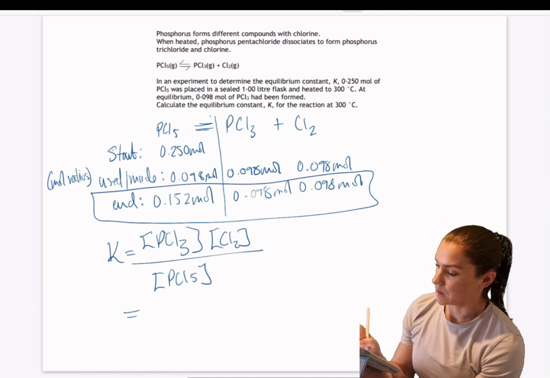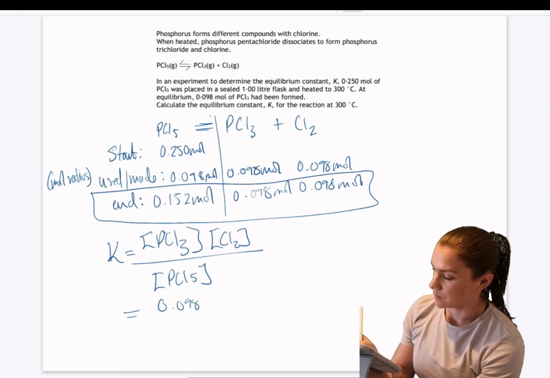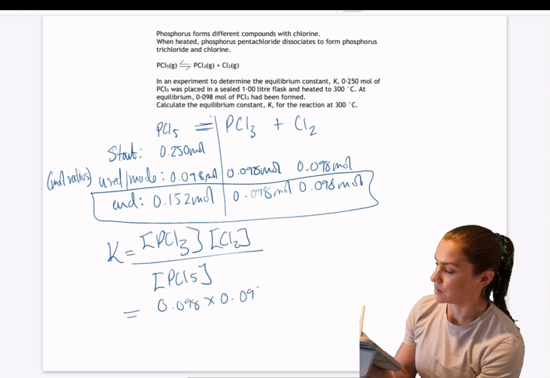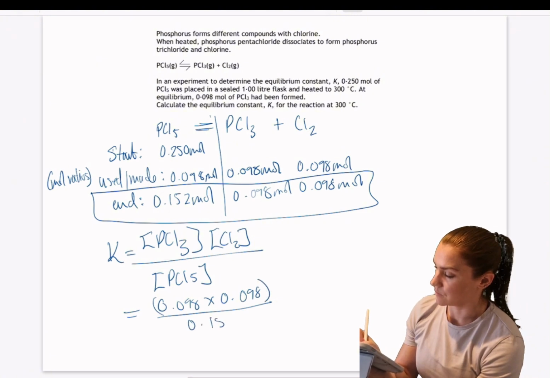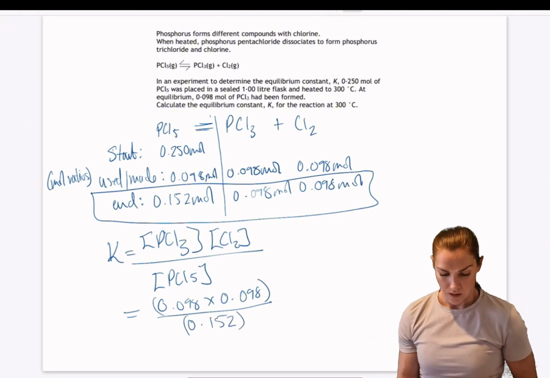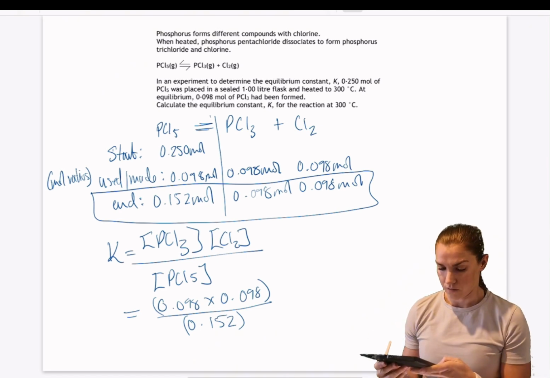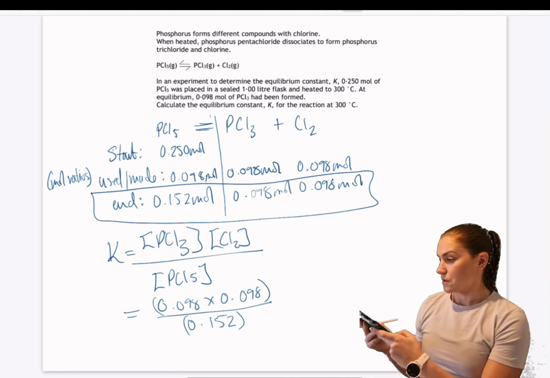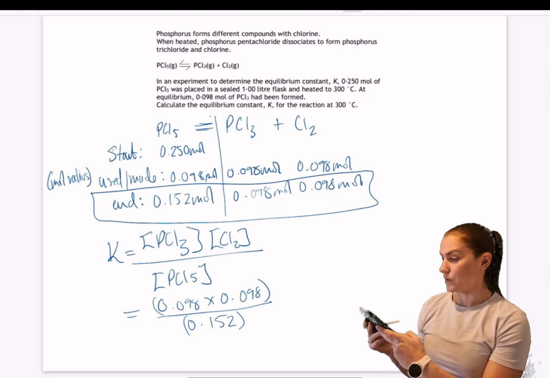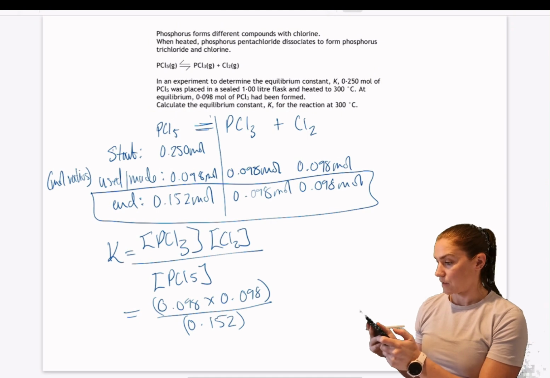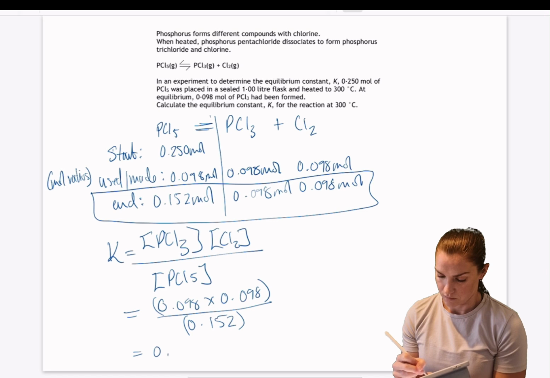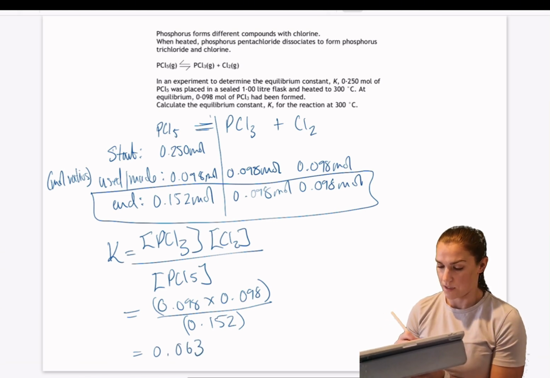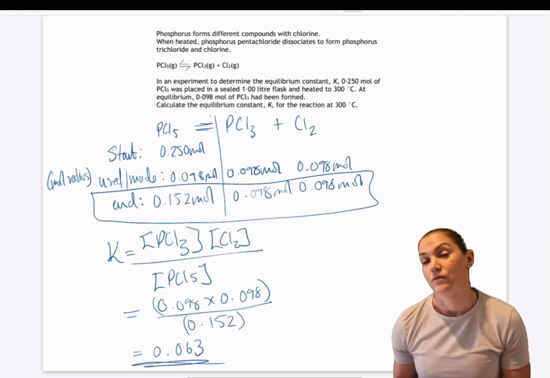So if we plug in our numbers, 0.098 times 0.098 divided by 0.152. If I put that in my calculator, 0.098 times 0.098 divided by 0.152, that gives us 0.063. And again, equilibrium constants have no units.